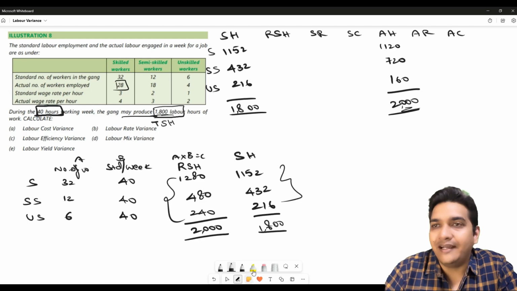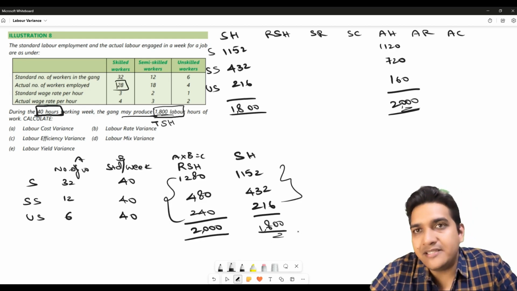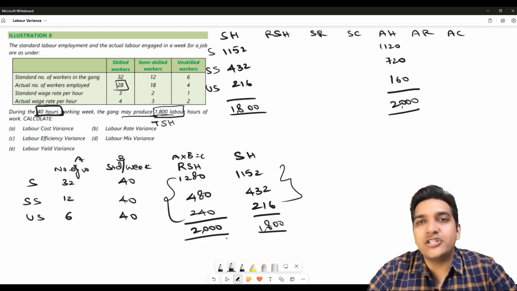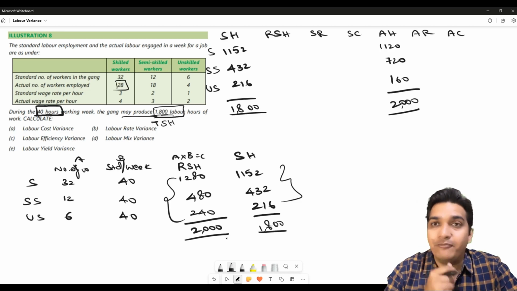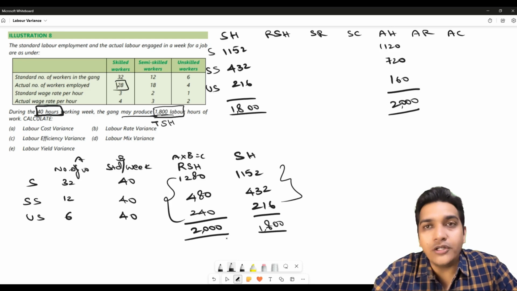What is my standard hours? 1800. What should be my revised standard hours? What is revised standard hours? As the explanation I have given you earlier, revised standard hours means if my standard hours was equal to my actual hours, what should be the ratio of my labor employed?